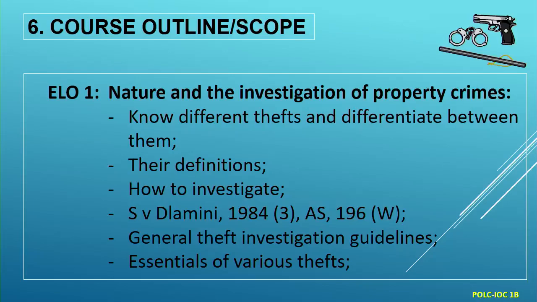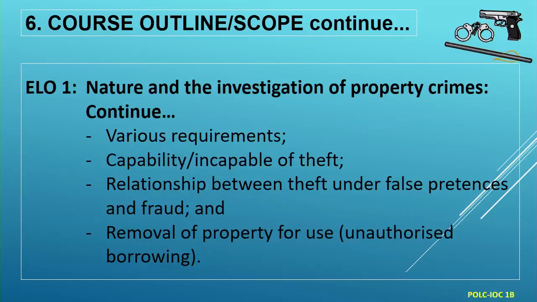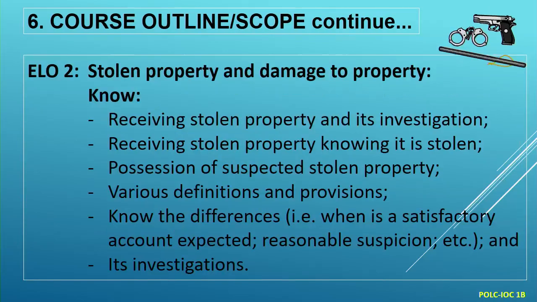You should know general theft investigation guidelines, essentials of various thefts, various requirements that go with them, capability and incapability of theft, the relationship between theft and theft under false pretenses, and fraud, and removal of property for use, which is also referred to as unauthorized borrowing.